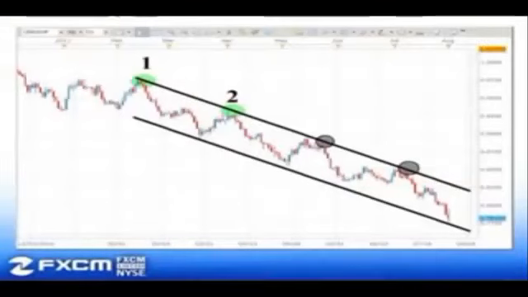All right, so here we're taking a look at the US dollar, Swiss franc. This is a daily chart. So what I've done here is I've connected lines 1 and 2. And for those of you that watch me on the live webinars, you'll notice that I like to use price channels quite a bit, a trend channel rather.